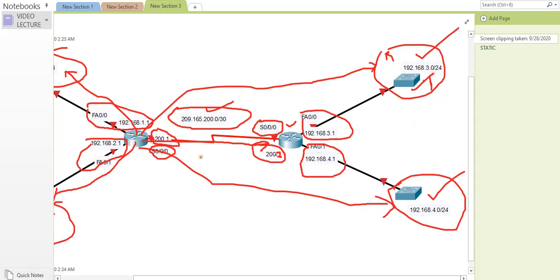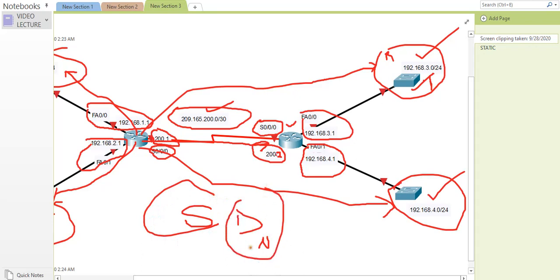So you configure a default static route, where you say match any source network to any destination network, just forward it to the next router. Any source network you don't know, any destination network you might not know, just forward it to the next router. He will know, or he may know, or if he doesn't, he will know another route that knows about it. So this is how it happens with default static route.